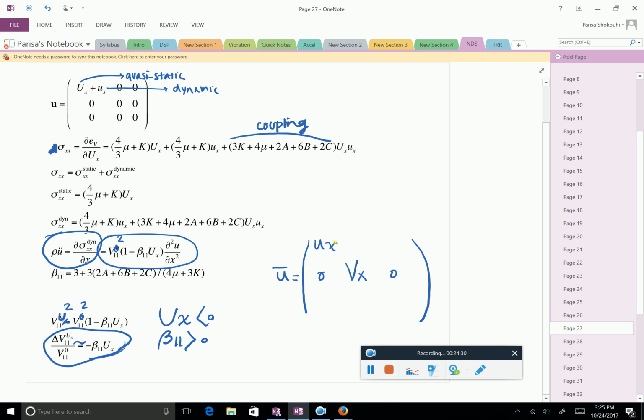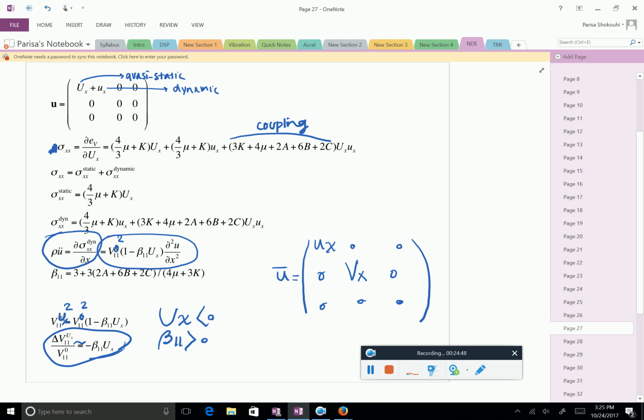You are still measuring with p-wave velocity, but you are applying the force perpendicular to the direction of the wave propagation. Everyone can see that?